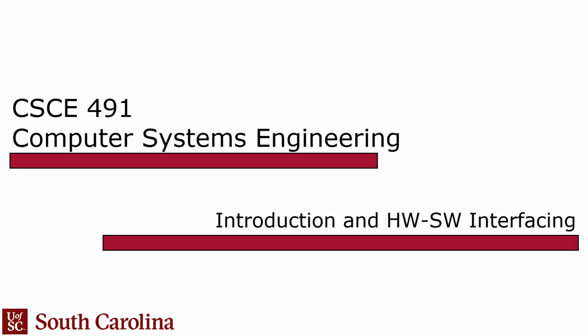So if you look at the schedule, we're always scheduled for this room, but in reality, we'll be shifting back and forth between here and the lab. At the beginning of the semester, we'll spend more time lecturing, and as the semester rolls on, we'll spend more time in the lab. I will announce where we'll be prior to class. I'll announce it on Blackboard.